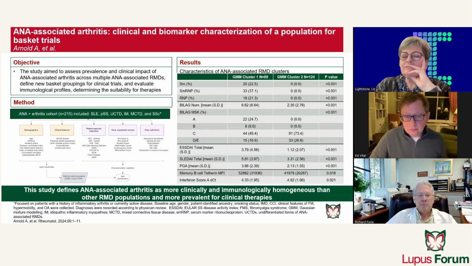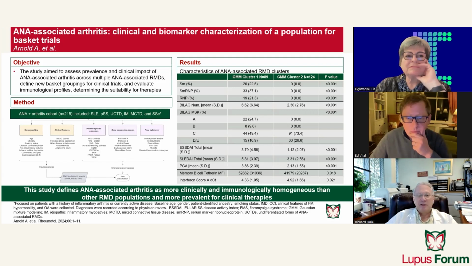And it seemed like the objectives of this study were to evaluate and characterize arthritis in ANA-associated rheumatic and musculoskeletal disease patients. So my first question, and I'm sure I oversimplified the objectives, but perhaps you can elaborate on the impetus to do this study, Ed.